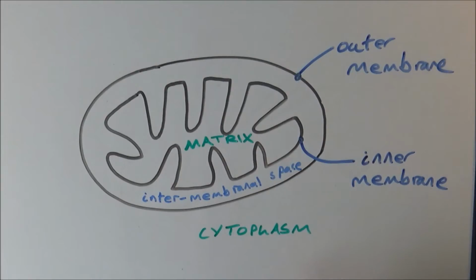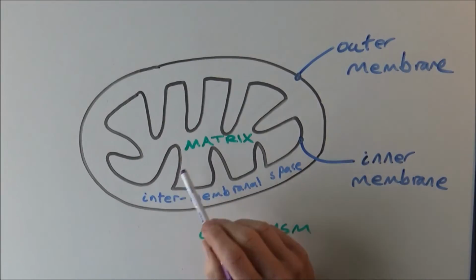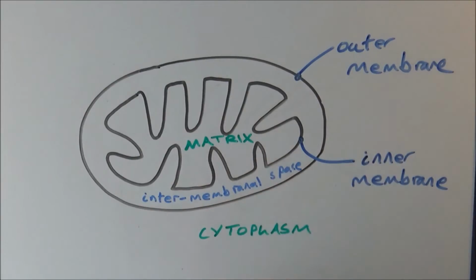It's selectively permeable. It exerts a lot of control over the movement of ions and molecules in and out of the centre of the mitochondrion, which is called the matrix.